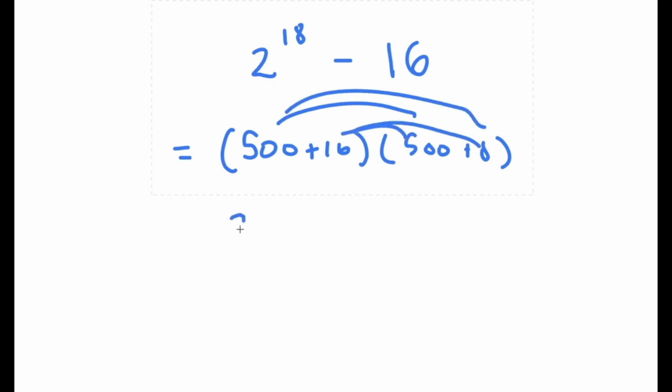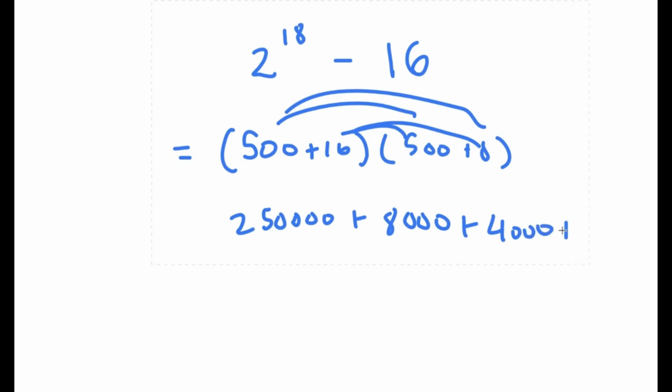500 times 500 is going to be 250,000. 16 times 500 is going to be 8,000. 500 times 8 is going to be 4,000. And 16 times 8 is going to be 128.